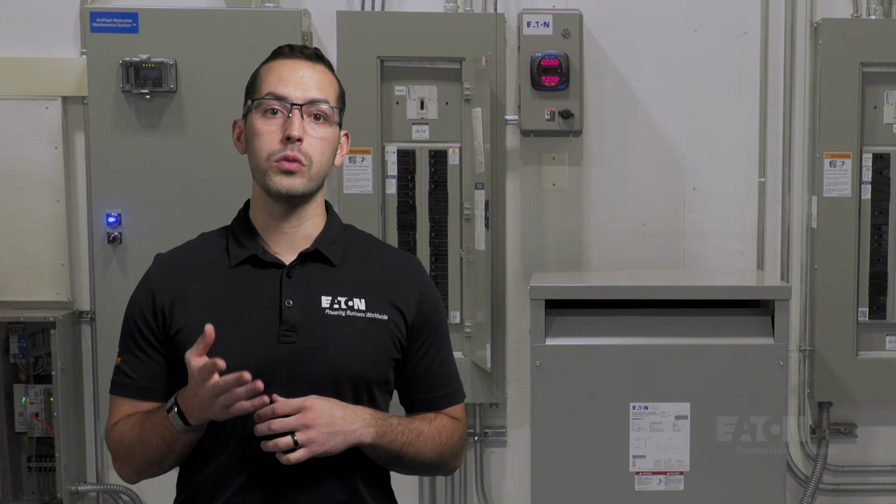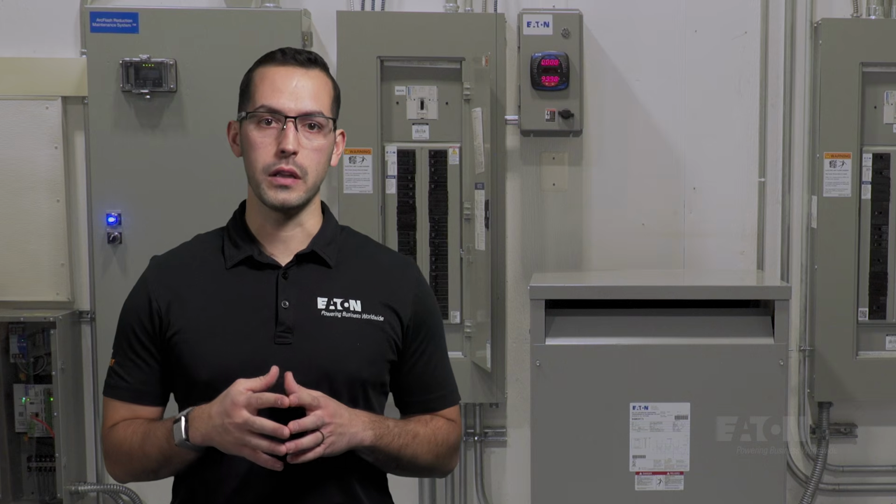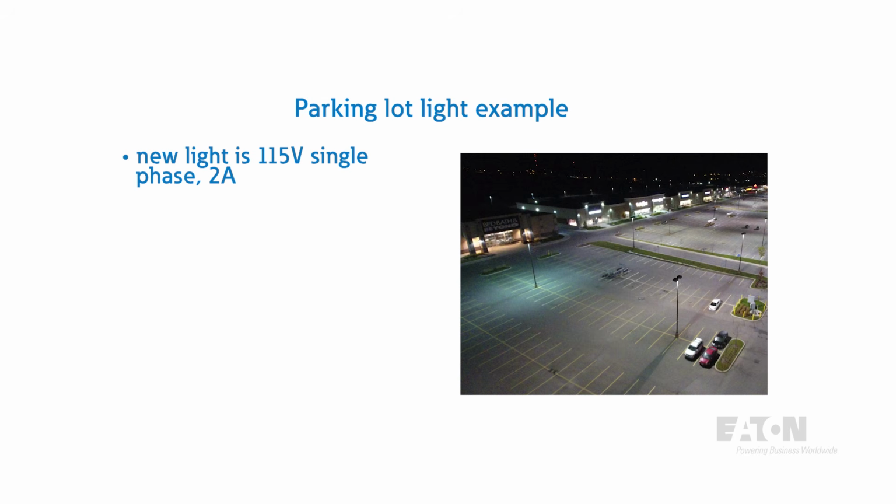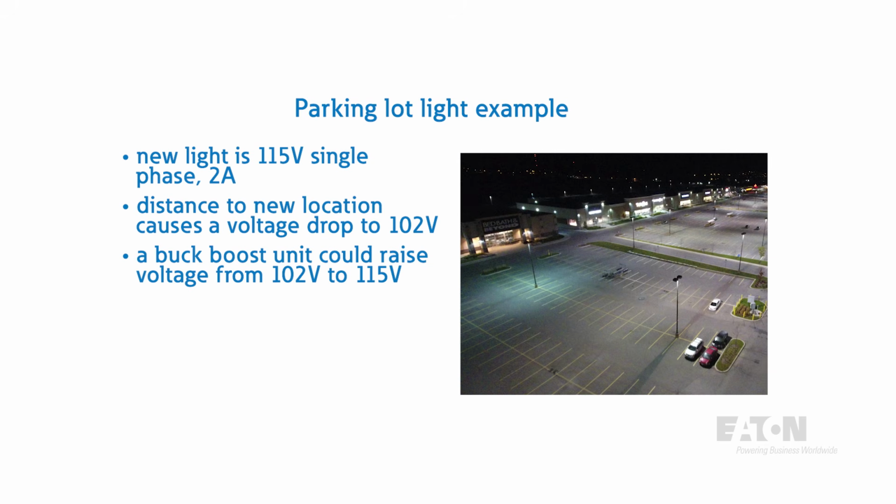Let's say you have a new light you wish to install at the end of a parking lot. This light is optimized for use with 115 volt single-phase power and pulls 2 amps. You run a circuit to this new fixture location, and due to voltage drop, you are only measuring 102 volts. You could install a buck-boost transformer to boost this voltage from 102 volts to 115 volts. In this instance, you could provide a 50 VA transformer.